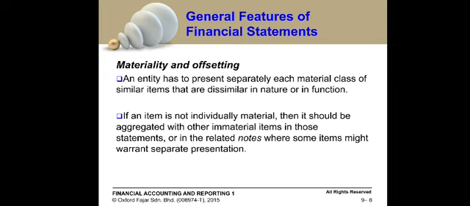You can group the immaterial items together with other immaterial items and create an aggregate amount. And then after that, you have to explain that in the notes to the accounts.